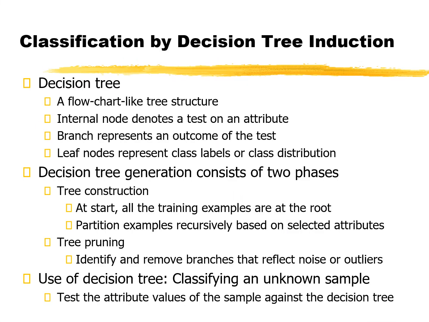Now, when we want to classify using a decision tree, we actually use a tree, and a tree is a structure that consists of branches. It has a root and it has branches, and it keeps branching down.